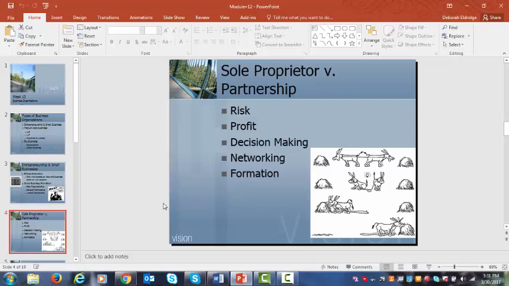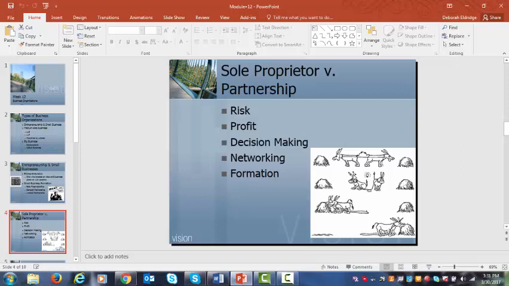Partnerships don't always go in the best direction. The little cartoon that I have here, if you have a partnership and the partners are going in 2 separate directions, you're not going to get anything done, right? So you always want to make sure that you're moving in the same direction, and that you complement each other when it comes to decision making.